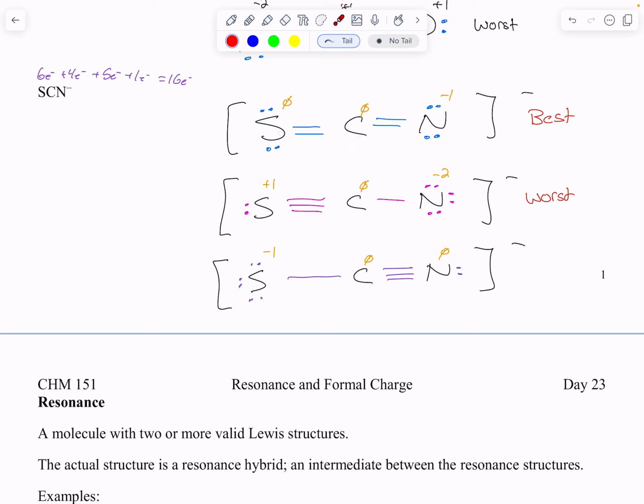All right? Okay? And so a molecule with more than 1 valid Lewis structure is resonance. Okay? Some of you have this. I have a wedding ring and a watch. If I take my wedding ring off and put it on the other hand, it's a new arrangement of wearing the ring.